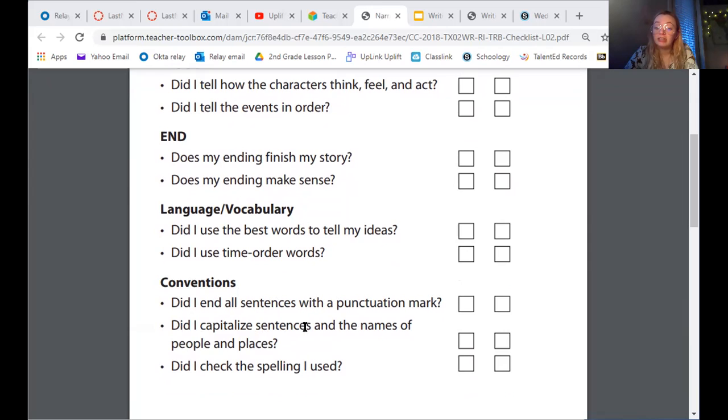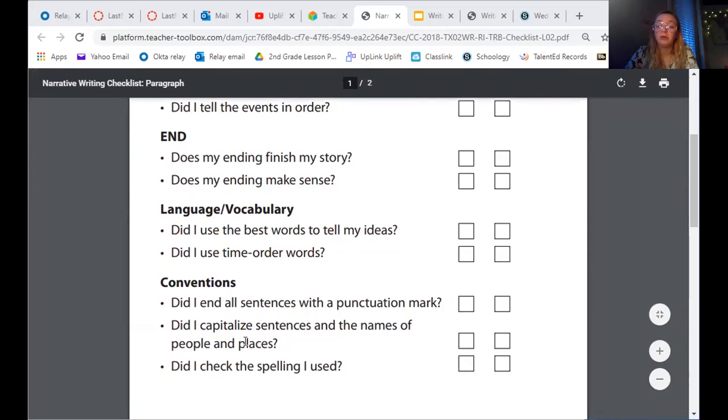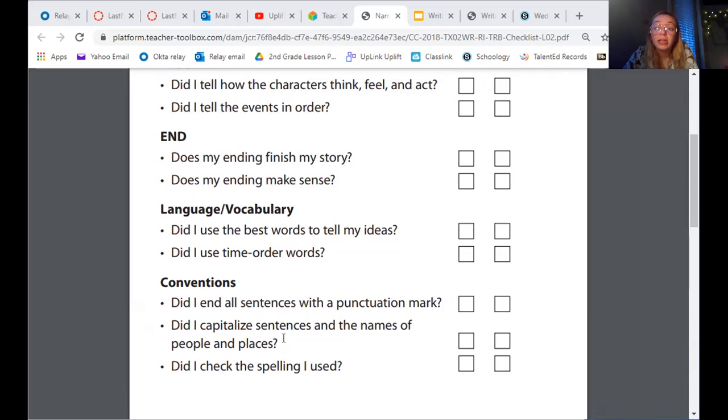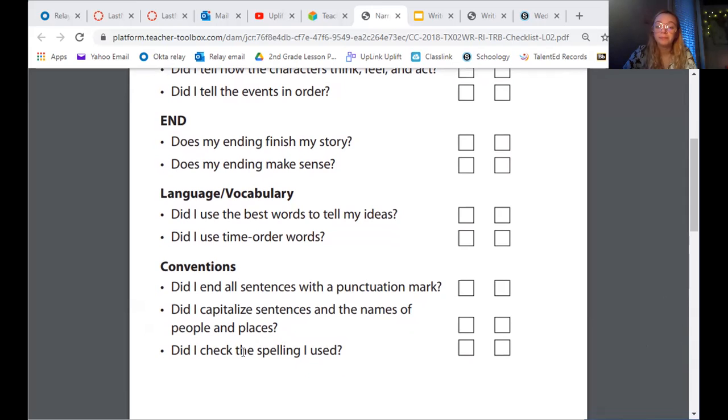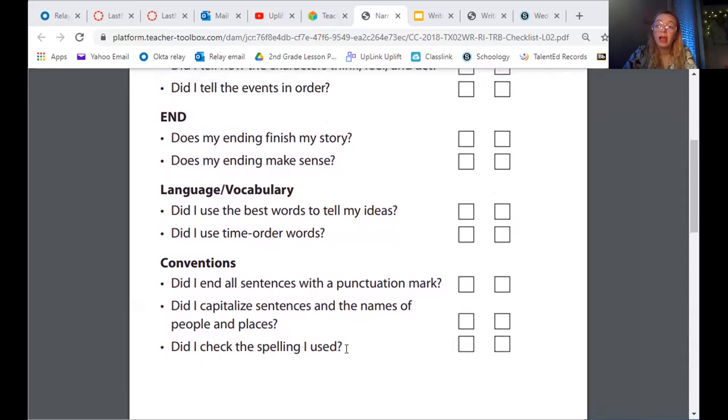Did I capitalize sentences and the names of people and places? Make sure if you wrote any names or places, you started it with a capital letter. Did I check the spelling I used? I know we are all virtual right now, so you can ask your parent or maybe your sibling or an adult there to help you with your spelling if you need to.